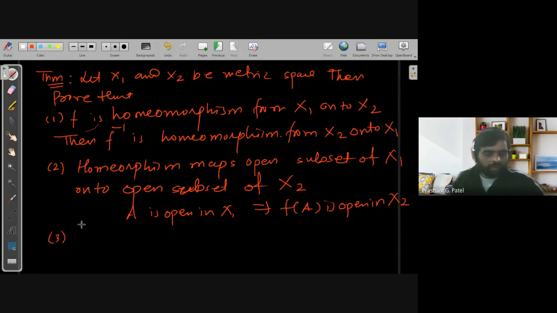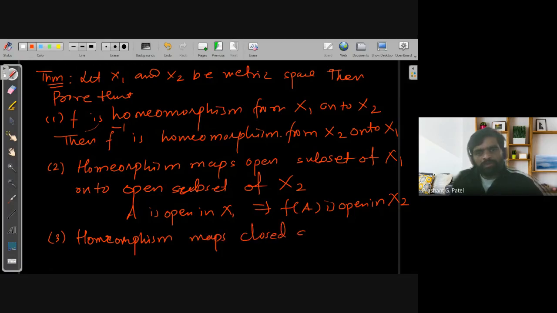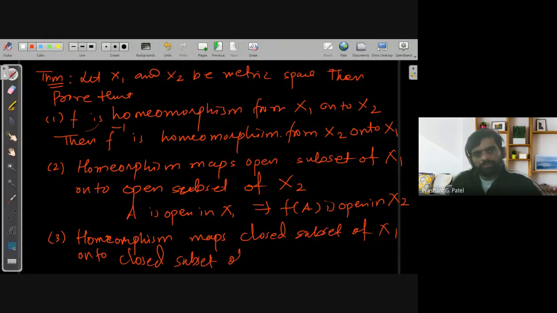The third one, regarding closed sets: a homeomorphism maps a closed subset of X1 onto a closed subset of X2.